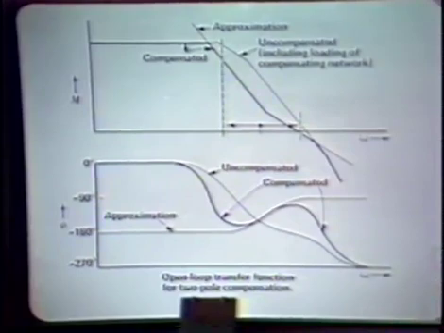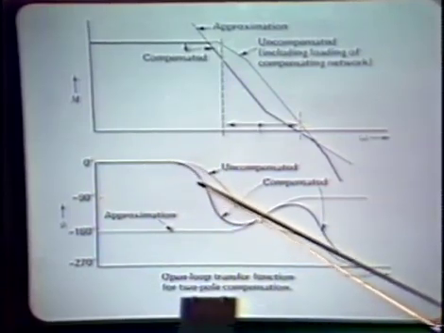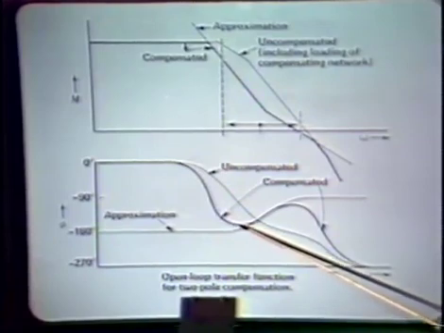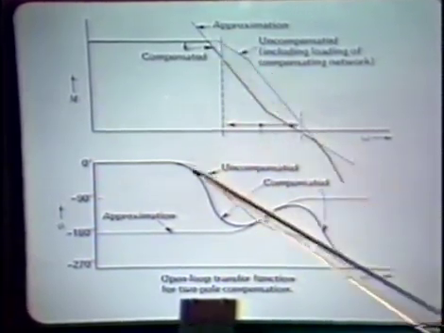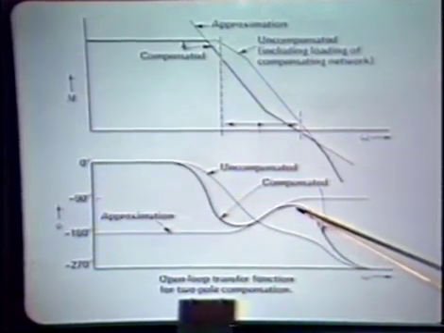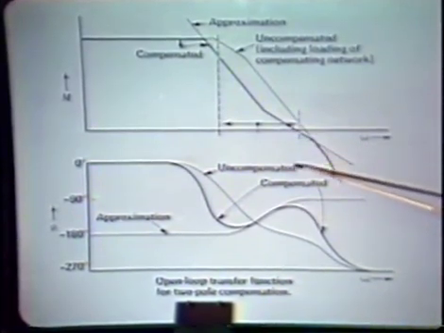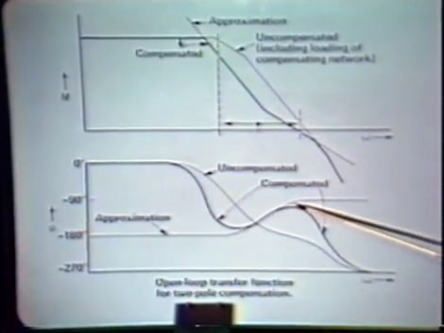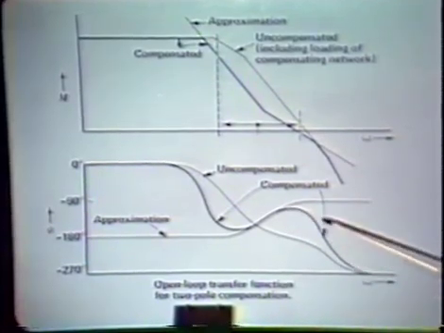If we look at the angle, we see a pattern very much like that which results with lag compensation. The compensated angle dips down close to minus 180 degrees, possibly, if this range of frequencies is large, and comes back up in the vicinity of crossover. Crossover in the major loop is assumed to occur in here somewhere, so that we get adequate phase margin at crossover, and then the angle eventually trails off.